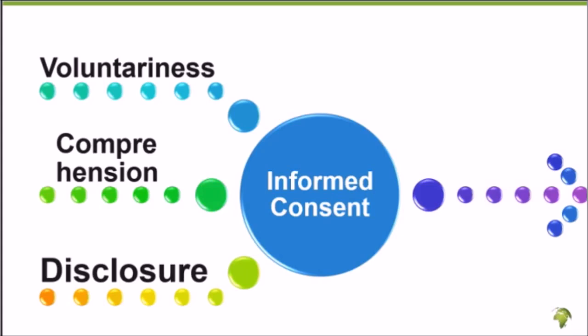Then disclosure is the situation where the respondent is able to understand all the things that are involved in the project. If there are any risks involved, the respondent should know. They should have that information in order to be in a good standing to decide on whether to participate or not.